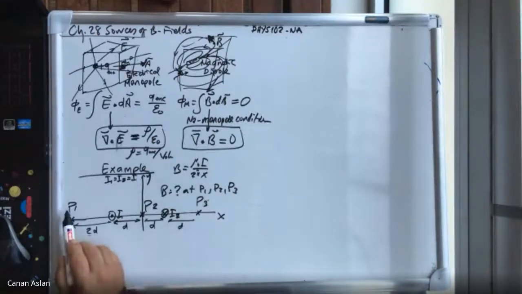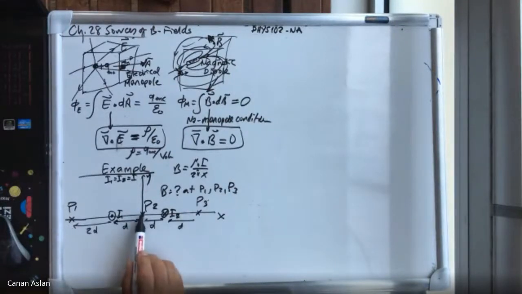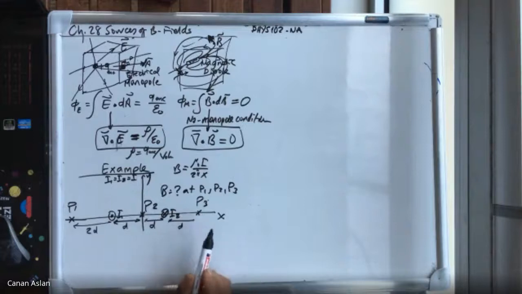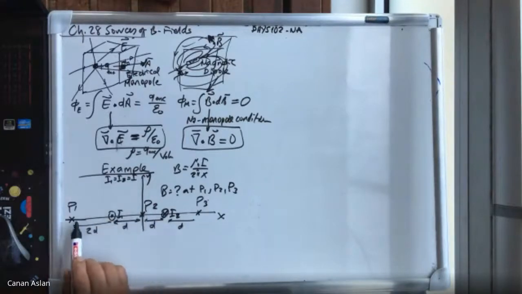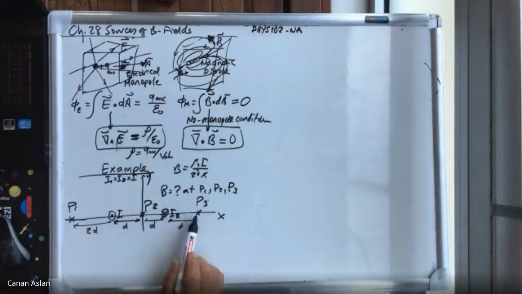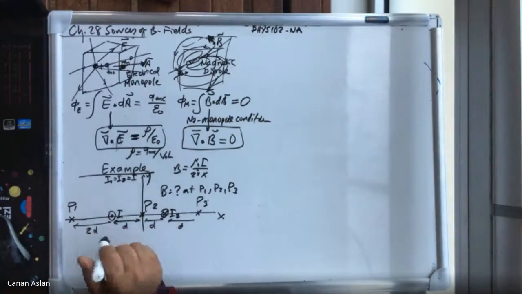So we would like to find the magnetic field at this point, right in the center, and the magnetic field on the right, just like we found the electric fields between the two charges or outside the charges. We did this for the electric field case, but now we place currents to get the magnetic fields.